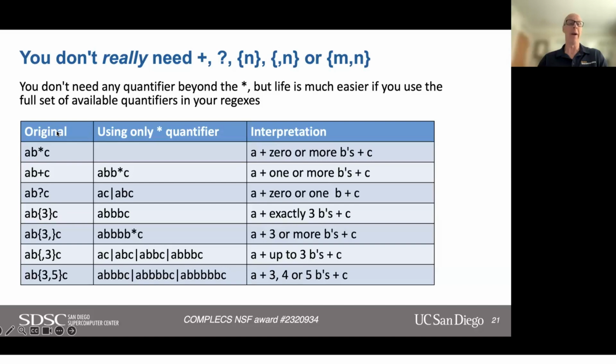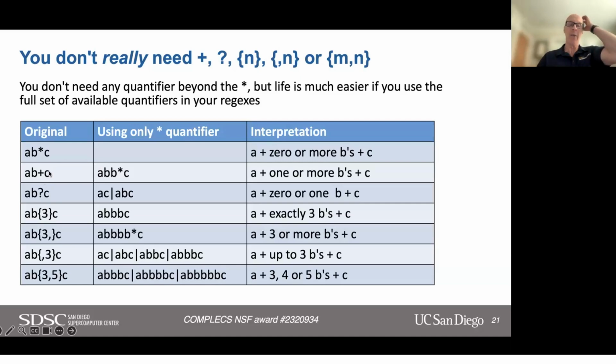In the first column, my original regular expression, and then in the next column, using only the asterisk quantifier and the vertical bar, and the interpretation, which you saw already. I should have filled in that block in the first row. I didn't, since the original and the one using only asterisk and vertical bar were identical.